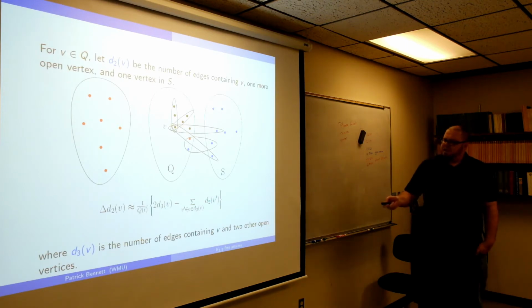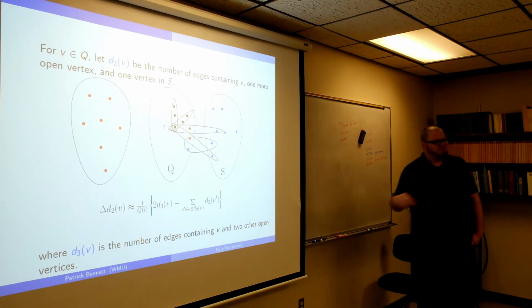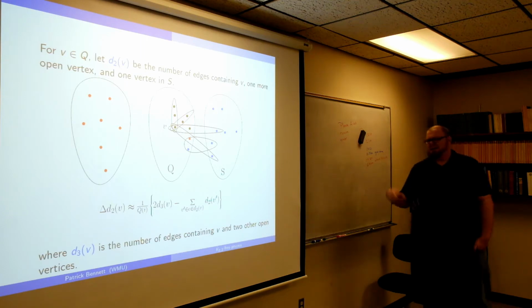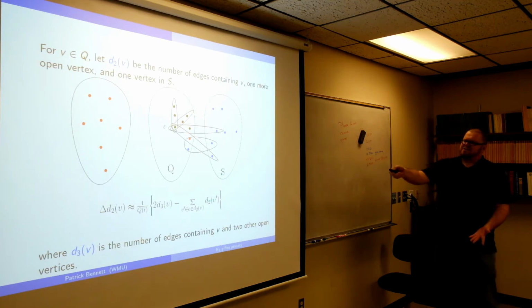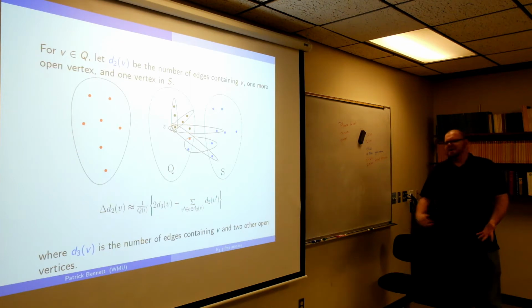So, as I said, it starts to get complicated, and there's some fear that this snowballing effect will just keep going. We started wanting to track q, and then we said that means we need to track d2, and now if we're going to track d2, then we need to track d3, and then you might be afraid of what we need to track for d3. It turns out that that's about it.